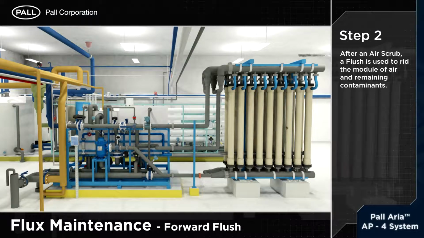Step 2 of the flux maintenance is the forward flush. After an air scrub, a flush is used to rid the module of air and remaining contaminants.